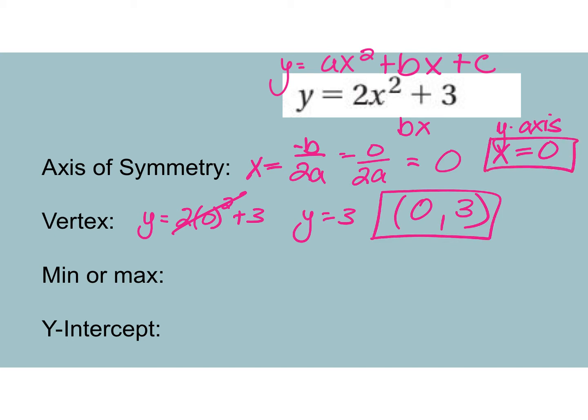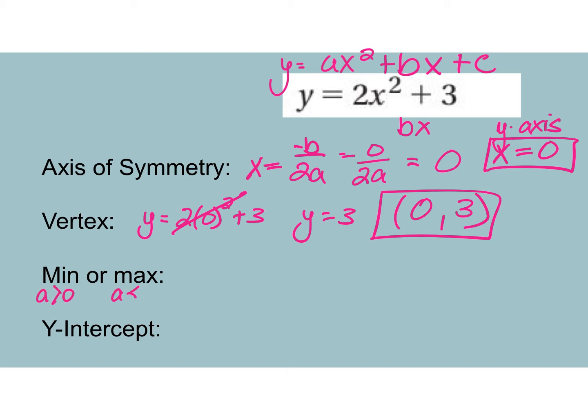Now, from here we're going to decide if there's a maximum or a minimum. If a is greater than 0, it's a minimum.